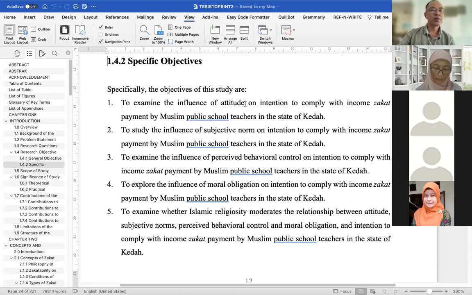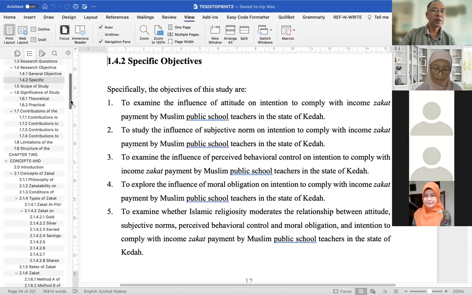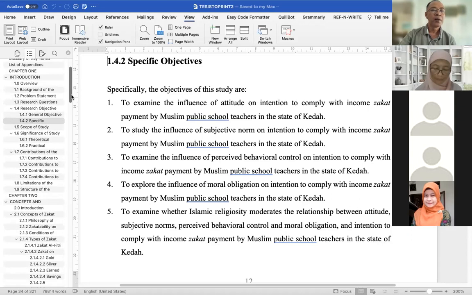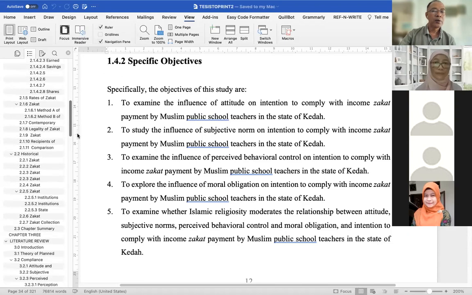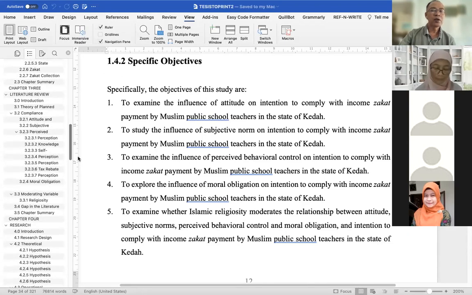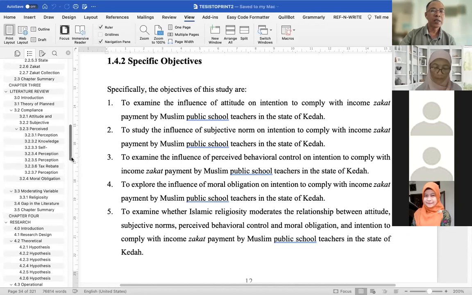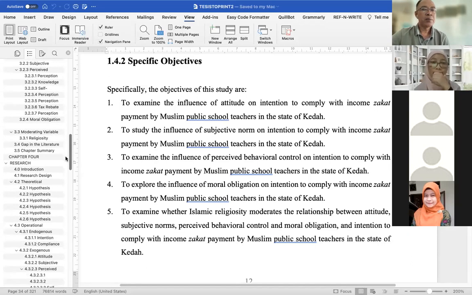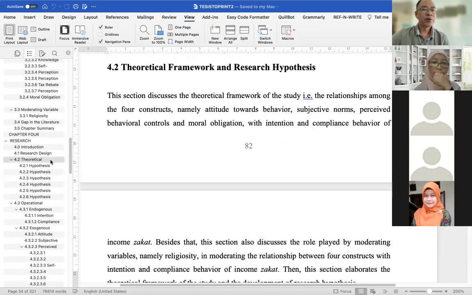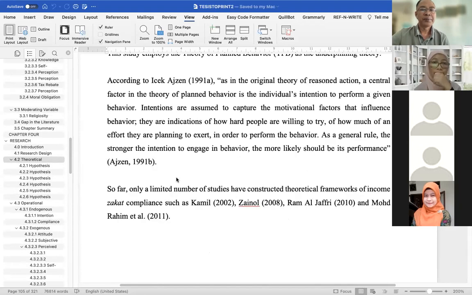Okay, now the next question that your supervisor will look at is, based on your research purpose, research objectives and research questions, the ones that you write or establish here must link to your theoretical framework, right?